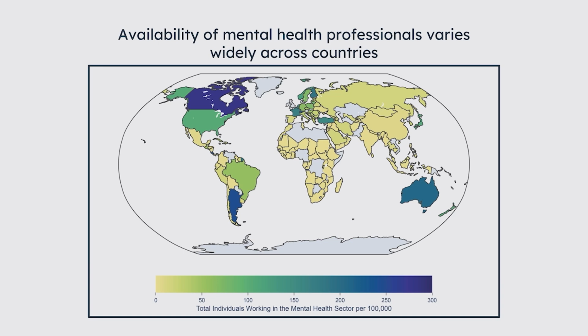One important point contributing to this is just the sheer availability, or lack thereof, of mental health professionals across the world. This availability varies widely, and if we're interested in mental health disorders that affect the brain, this is one example of something that is important to consider when we are trying to understand the brain.